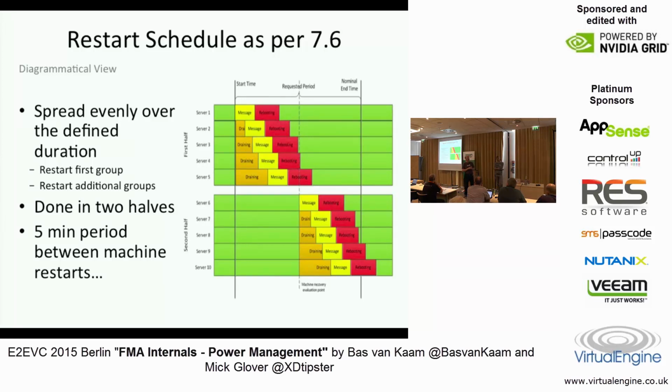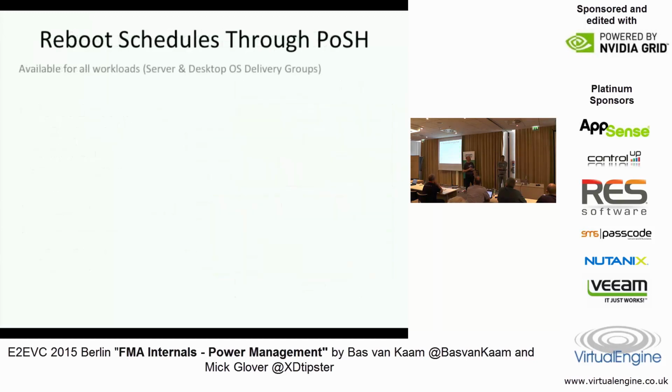Essentially, right now we spread the restarts evenly across two halves. Restart first group really means restart the first server, and then every server is subsequently restarted at a 5-minute period. That's pretty much what happens today. So we definitely need to get more granular and give people more control over that, for sure.